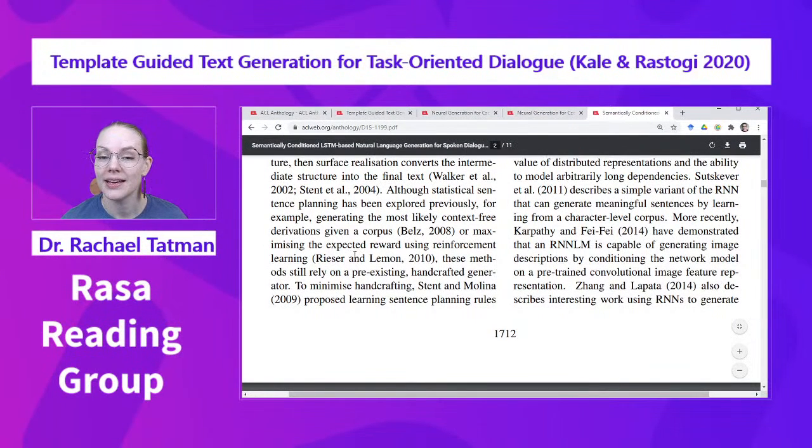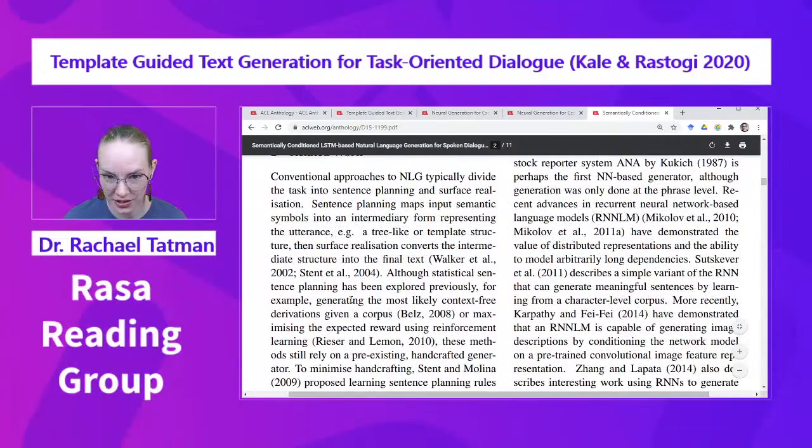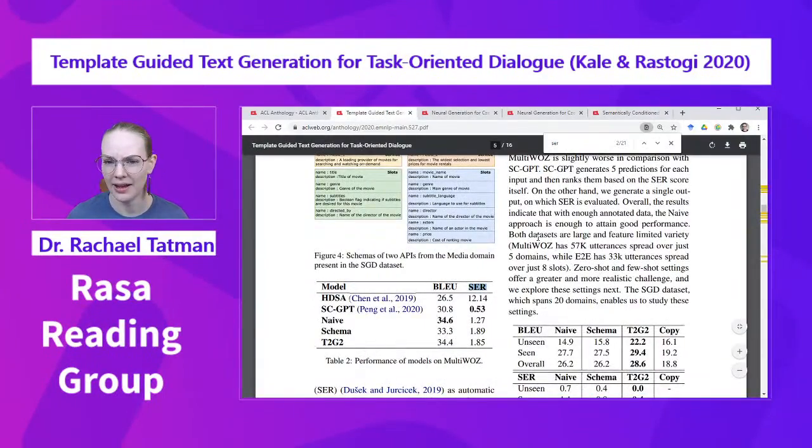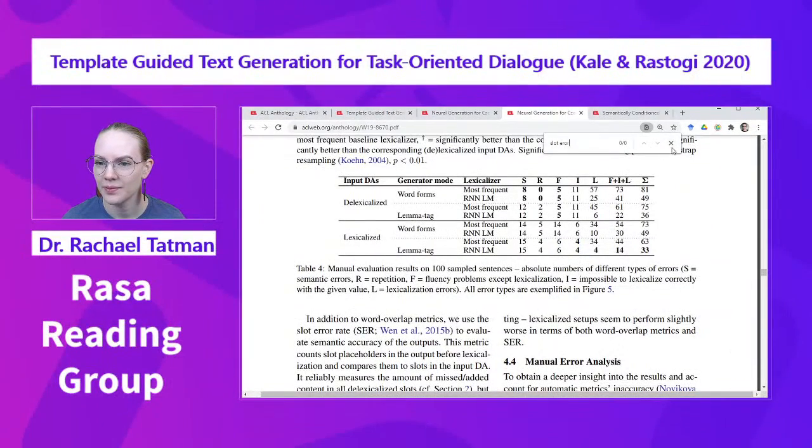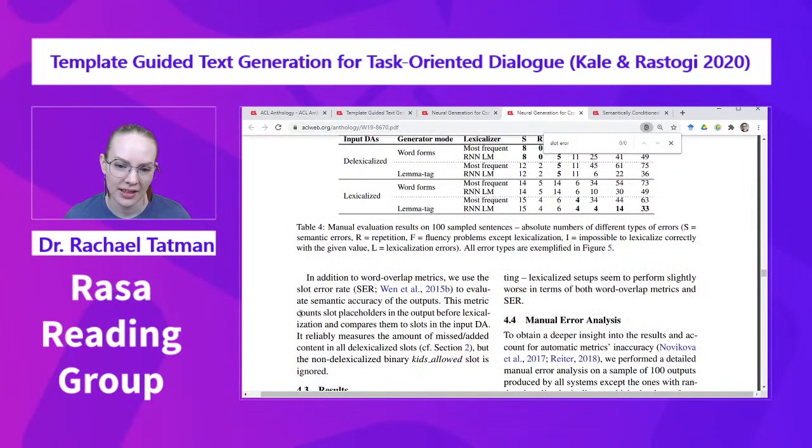And one big question that I had that I don't think is going to be answered in this paper, the paper we were originally reading, is that slot error rate here is, as they put it, a metric that counts slot placeholders in the output before lexicalization and compares them to slots in the input DA.